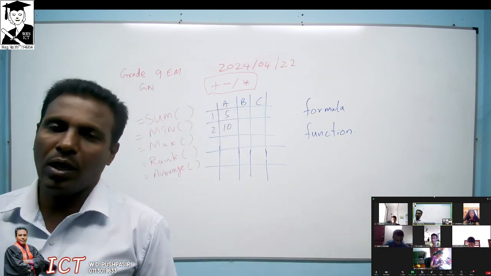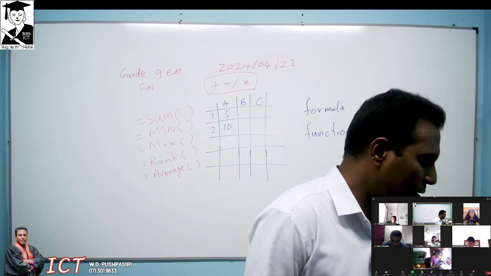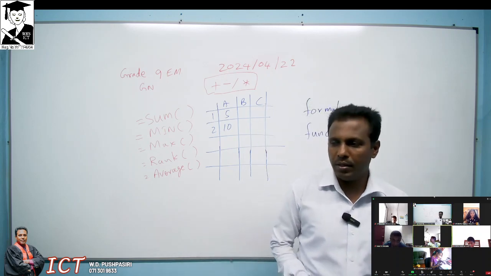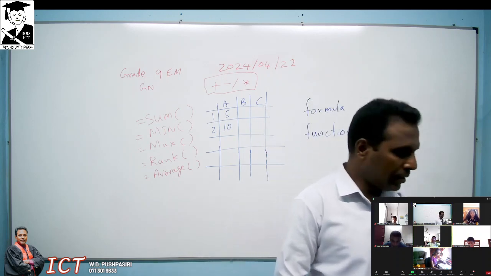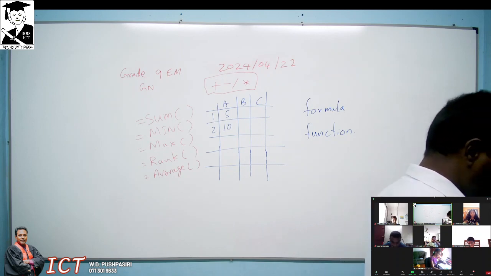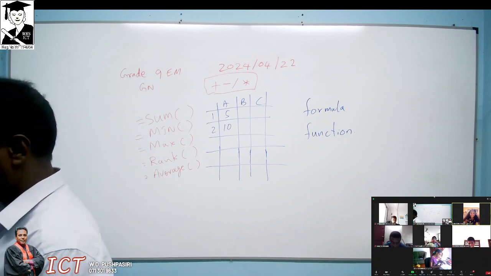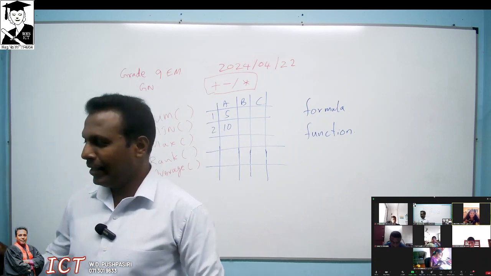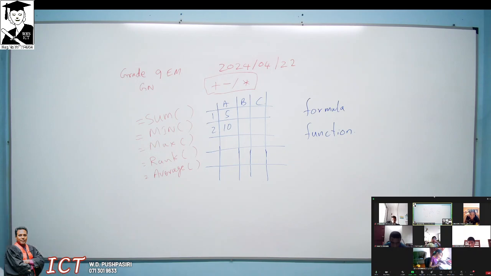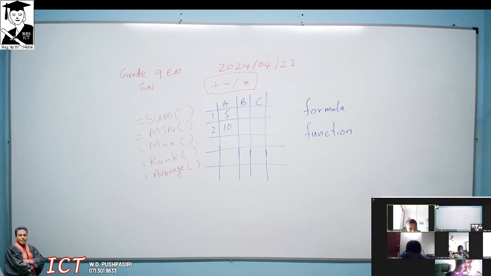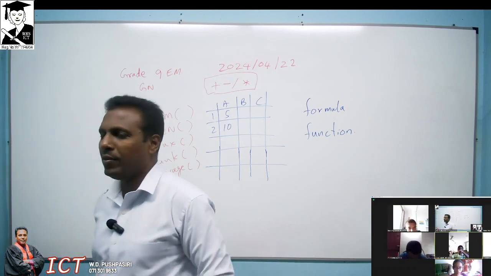Sastrika, how did you write? Sir, I can't understand, sir. Then Saswin? Sir, I understood what is the formula, but I didn't understand what is the function properly. Okay, then tell me what you wrote.